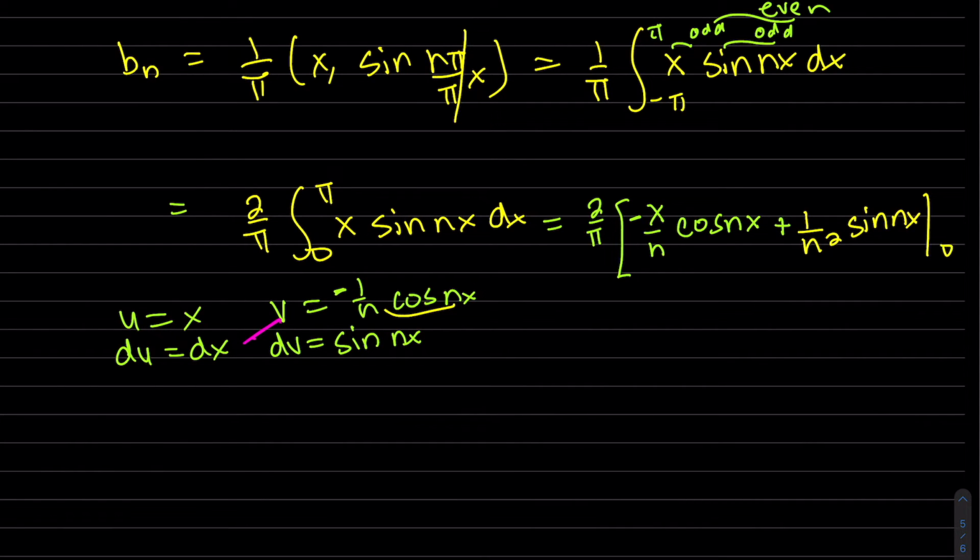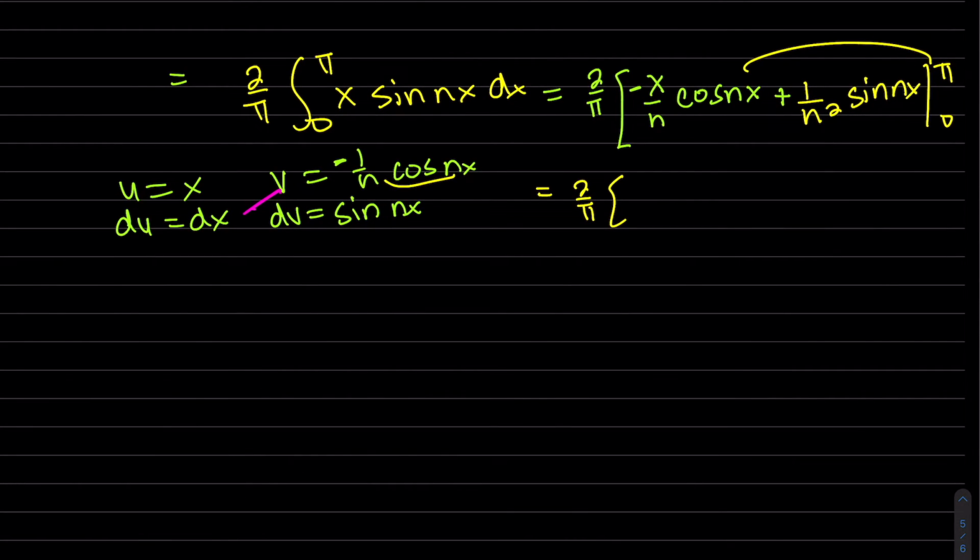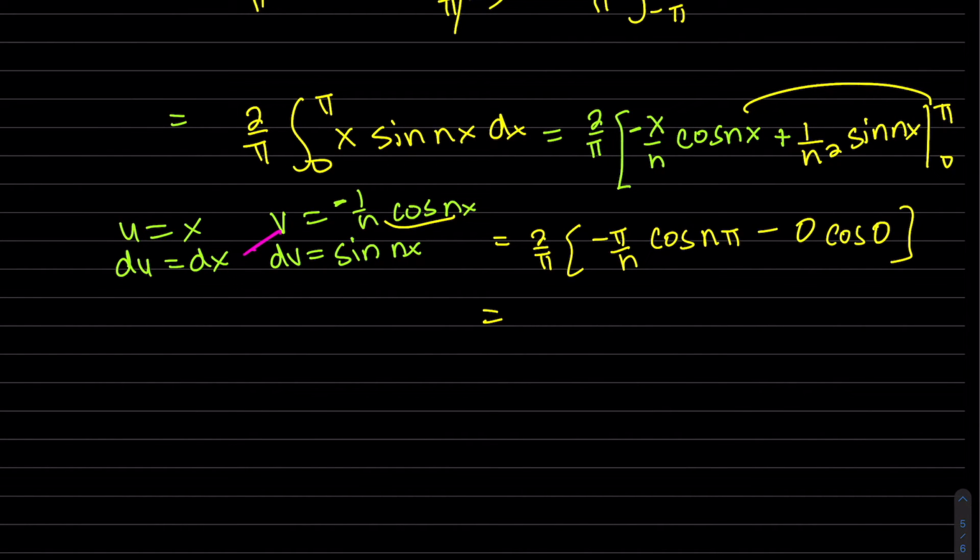And this is from 0 to pi. Plug in pi, cosine of n pi. Oh, that's 0.